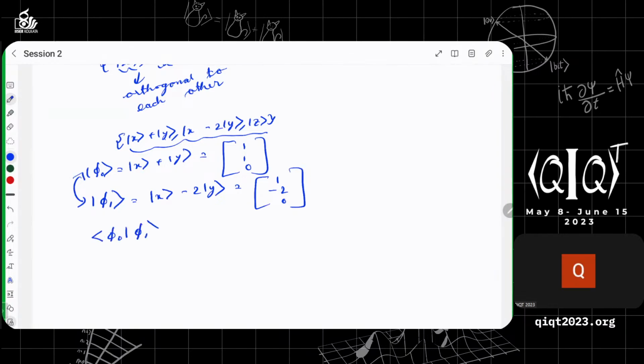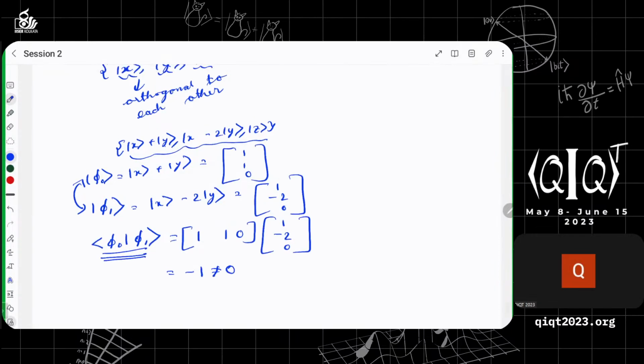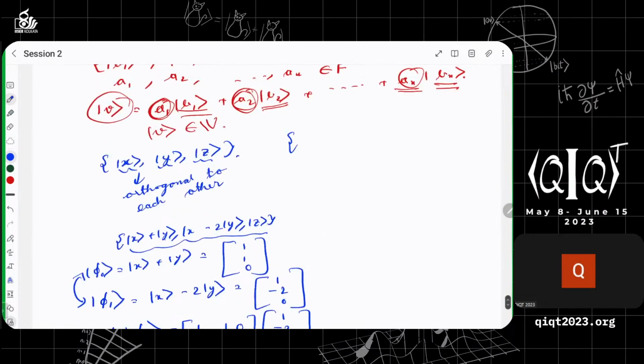Well, in the real space, that is the same as the dot product. So this would be 1, 1, 0 and 1, minus 2, 0. So this would be minus 1, so not 0. That means phi 0 and phi 1 are not orthogonal. So there can be bases where elements are orthogonal to each other, and there can be bases where they are not orthogonal to each other.